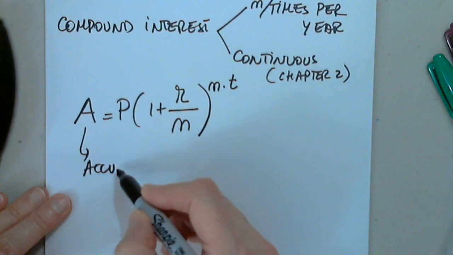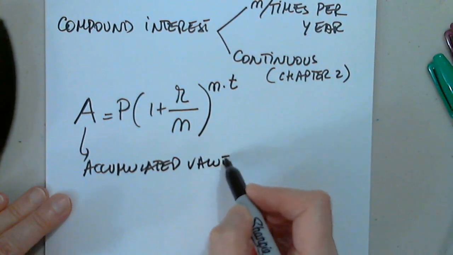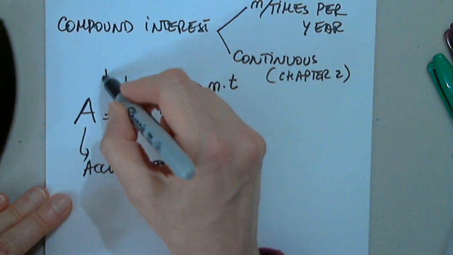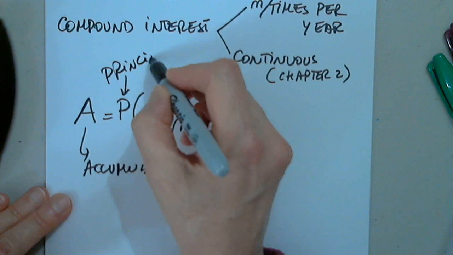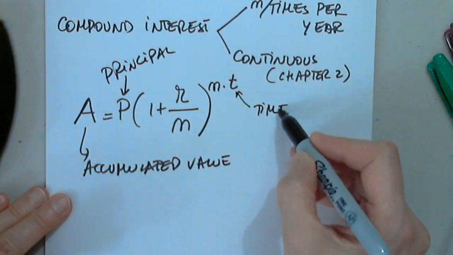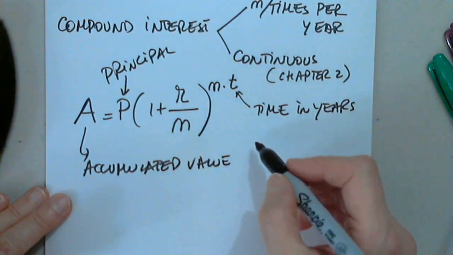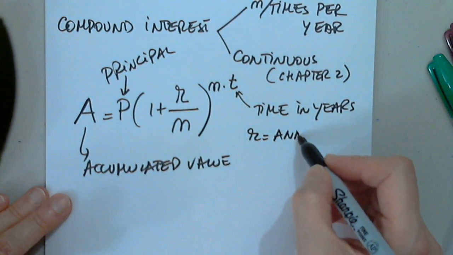Accumulated value. Principal. Time in years. R, annual interest rate.